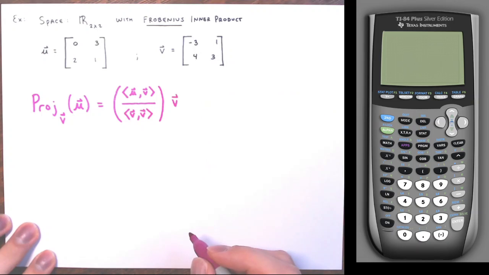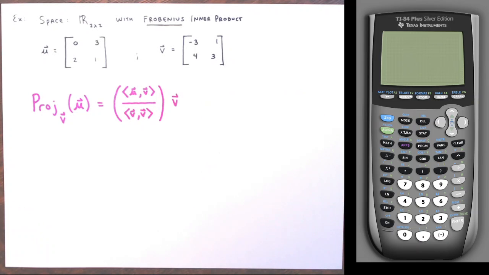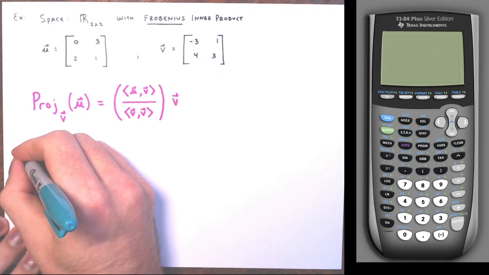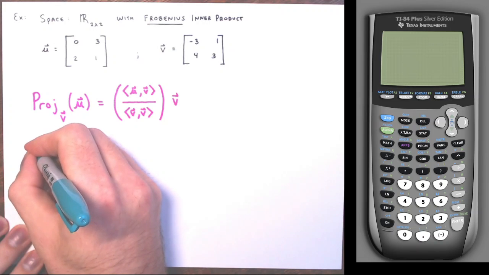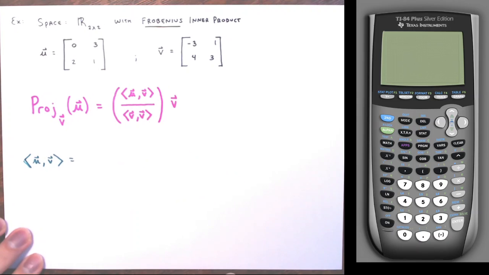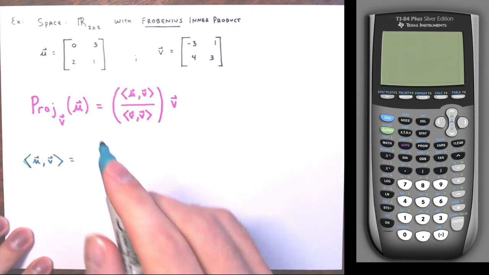Right? All right, so again, I'm doing each of these separately. I'll do the numerator of this scalar first, the inner product of u with v. Again, the Frobenius inner product on a set of matrices is like the dot product, very similar. Multiply corresponding entries of the matrices and then add up their products.